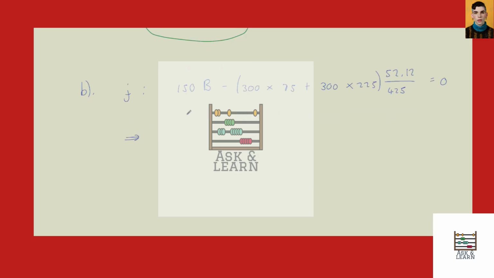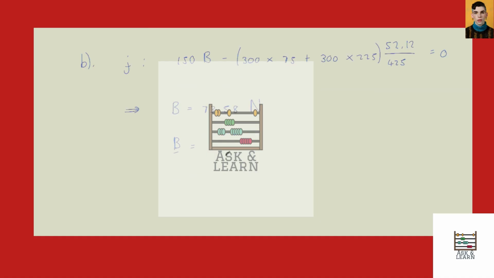So again, we have one equation with one unknown, which implies that the reaction force B, which acts only in one direction, is 73.58 newtons. And so the reaction vector B is equal to 73.6 newtons along the I direction. And so we found our first reaction force, which is B.